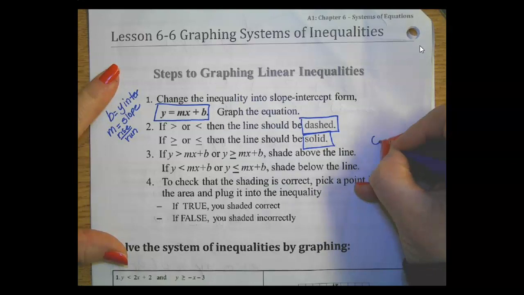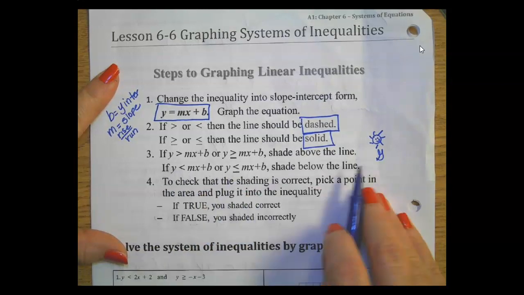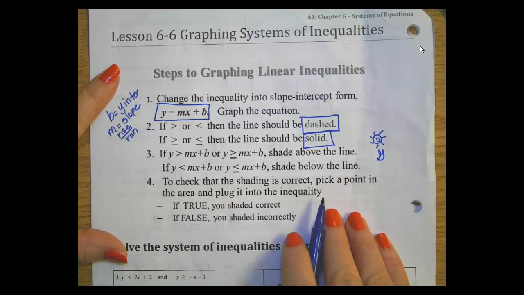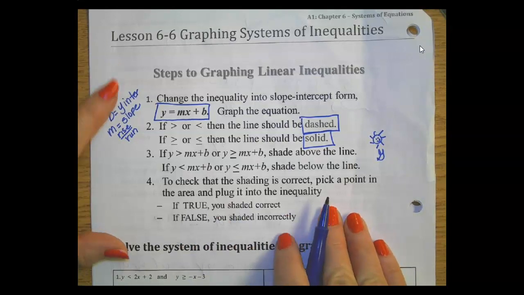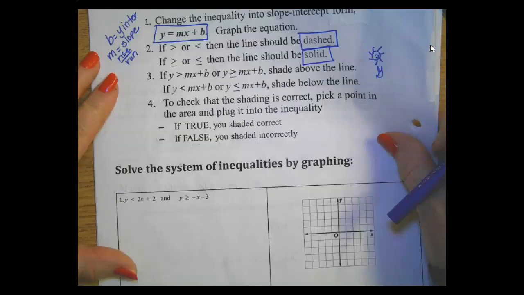Always think of the sun as being up and the ground being at the bottom. If it's less than or equal, you shade below the line. To check your shading, you can pick a point and plug it into both of your equations to see if it's true for each.